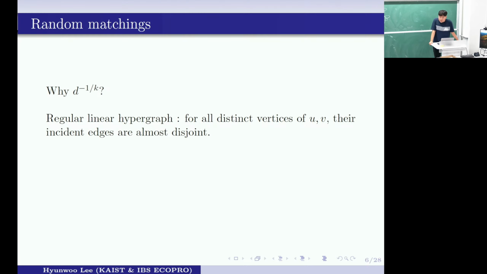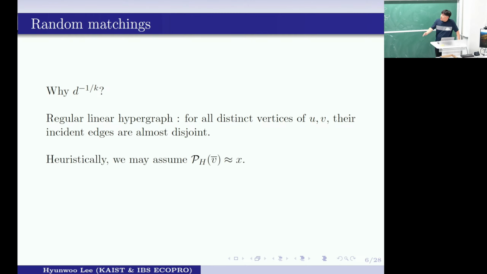Because by the definition of linear hypergraphs, there is at most one edge that is incident to both u and v. So this linearity implies that the sets of incident edges are almost disjoint.